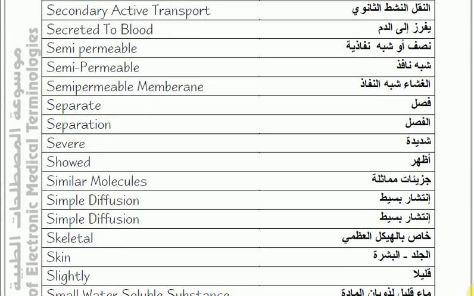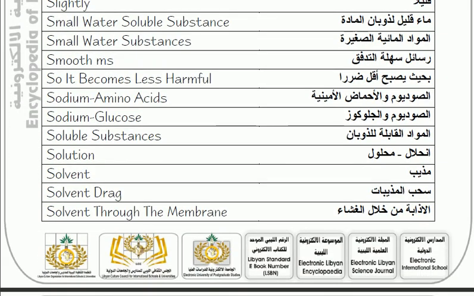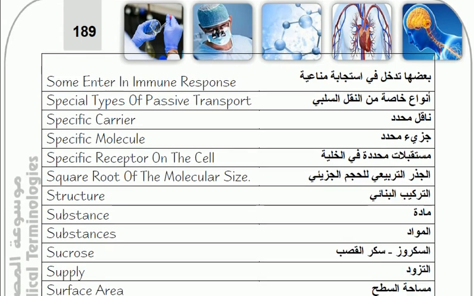Simple diffusion. Skeletal. Skin. Slightly. Small water-soluble substance. Small water substances. Smooth muscle. So it becomes less harmful. Sodium amino acids. Sodium glucose. Soluble substances. Solution. Solvent. Solvent drag. Solvent through the membrane. Some enter in immune response.